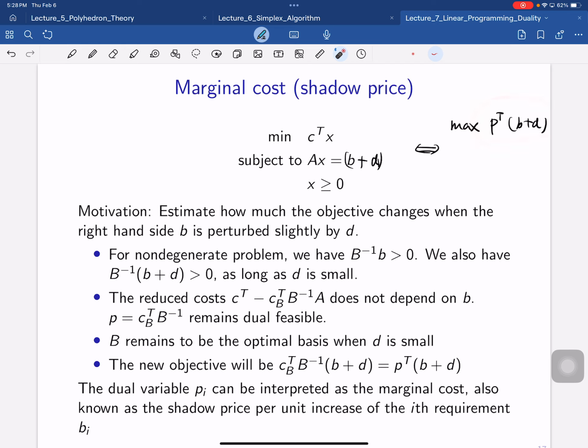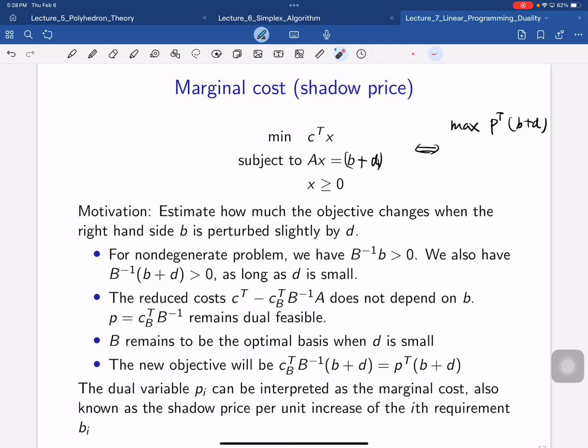My argument is the same dual variable will remain the optimal dual if d is very small. Therefore, you don't need to change the dual variable you got before the perturbation. And what is the same dual variable? It is nothing but this term. We showed that in the strong duality proof. Or you can believe me, the previous dual optimal solution is this term here.